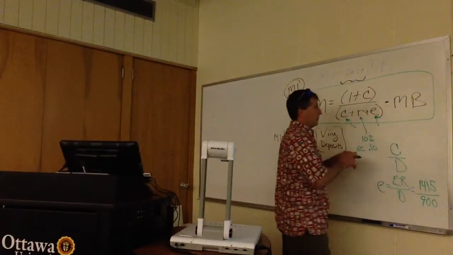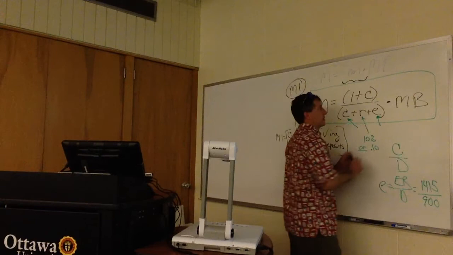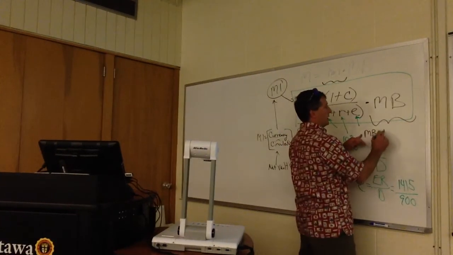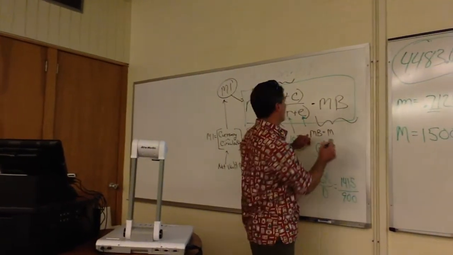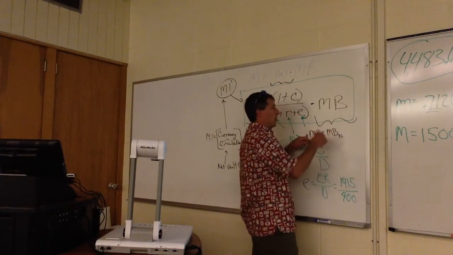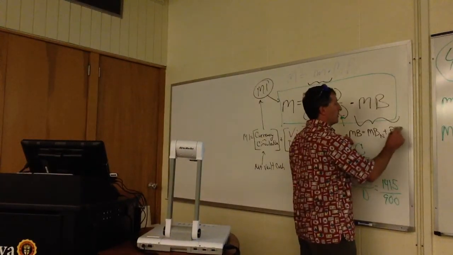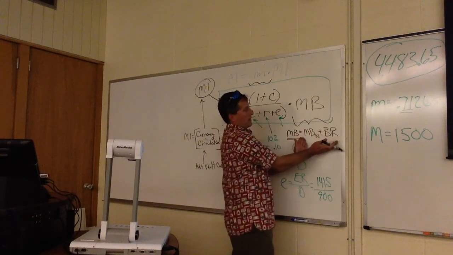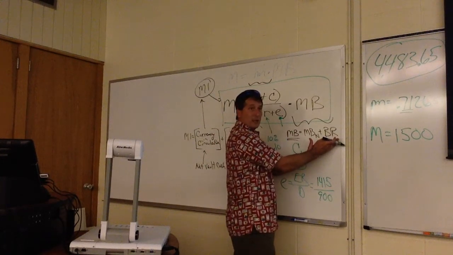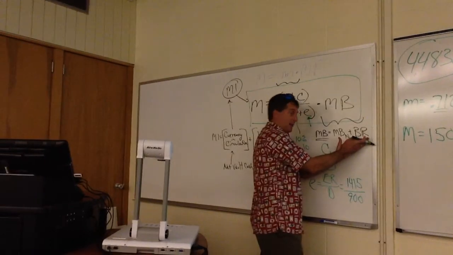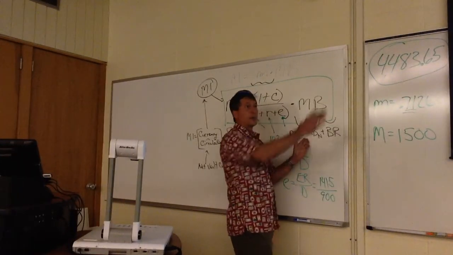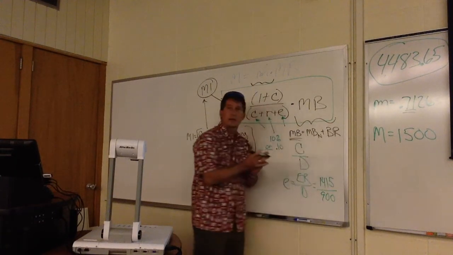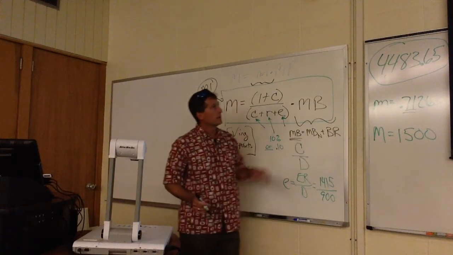Within this chapter, or it might have even been the previous chapter, the monetary base is broken down into, what was the notation we used? MBn for the non-borrowed monetary base plus borrowed reserves, BR. We want to think about how much reserves exist because they were borrowed from the Fed versus the reserves that exist just in the free market, floating out there because of deposits. And that's going to end up playing a role later.